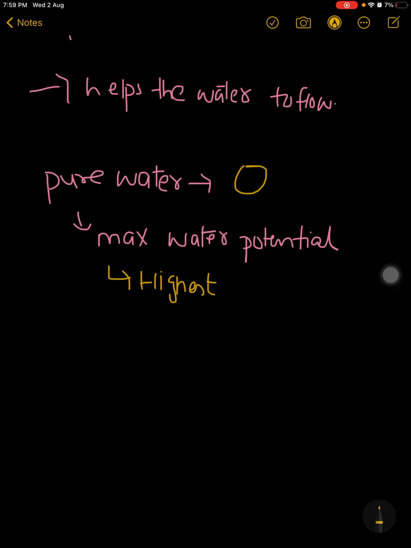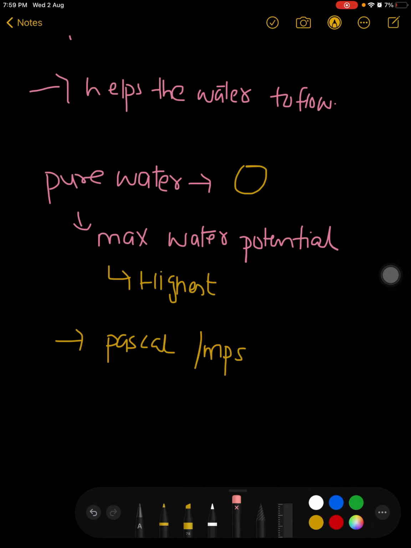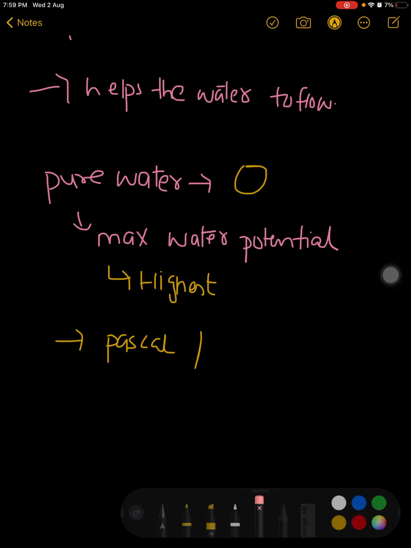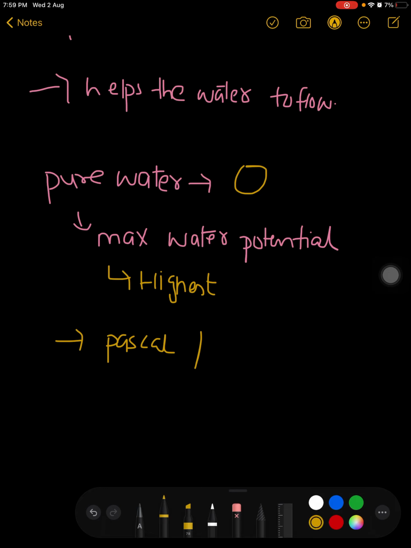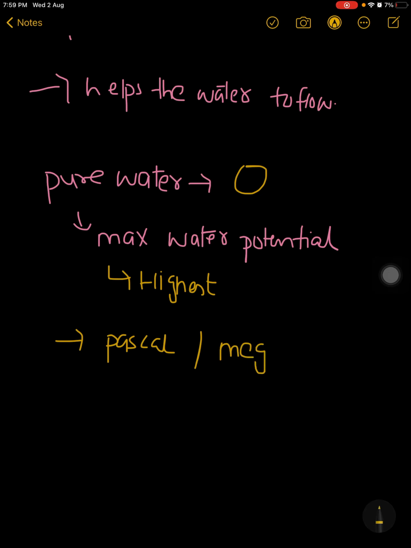The unit to measure water potential is basically Pascal, or megapascal, or even bar as well, right?